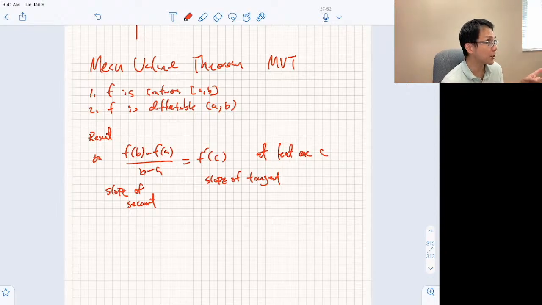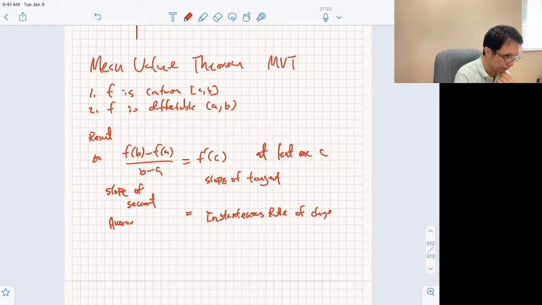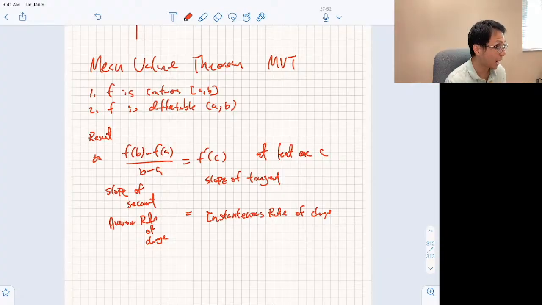In terms of other vocabulary, the slope of the tangent can be described as instantaneous rate of change is equal to average rate of change. Or it could be velocity.